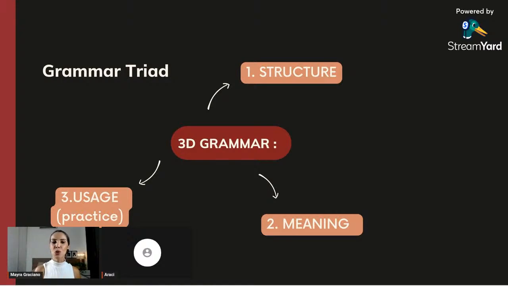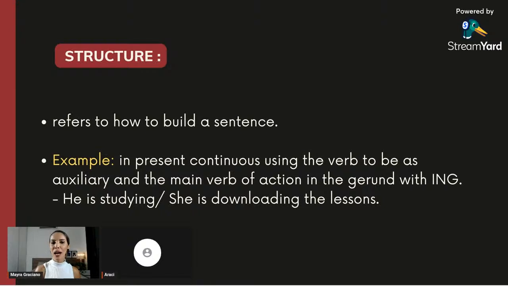Okay, this is the grammar triad. And I'm going to show you how. Look. Think about structure, okay? It refers to how to build a sentence. For example, in present continuous, using the verb to be as auxiliary verb, okay, and the main verb of action in the gerund with ing.